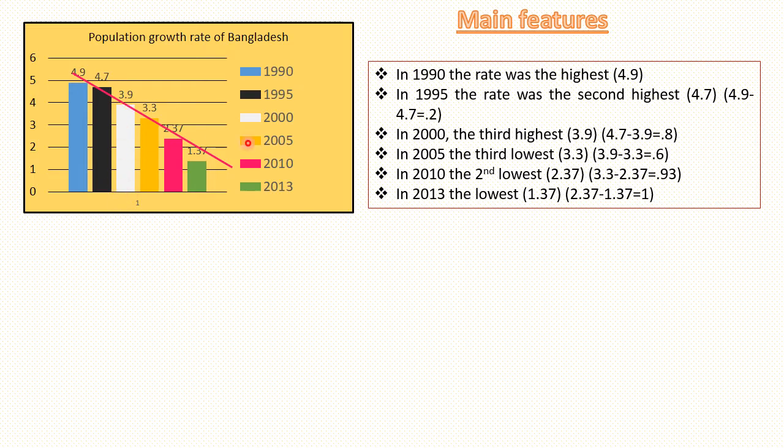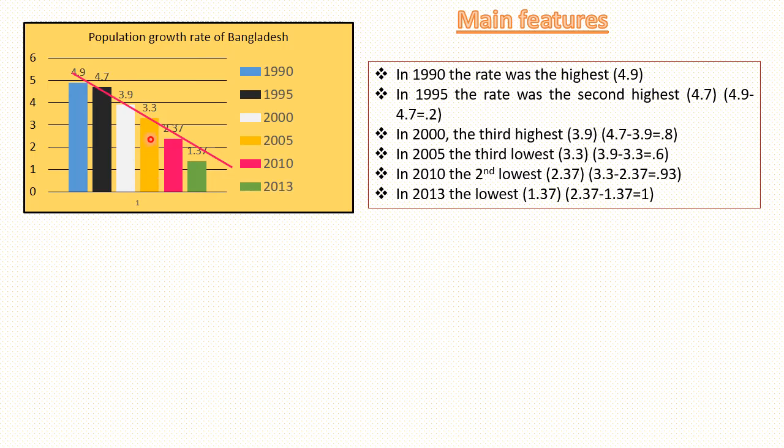This white bar shows the population growth rate in 2000, and in 2000 the growth rate of population was 3.9%, and this rate is 0.8% lower than the rate in 1995.